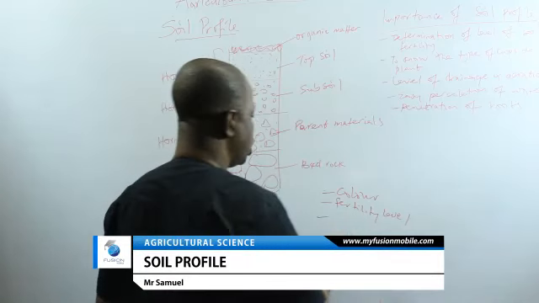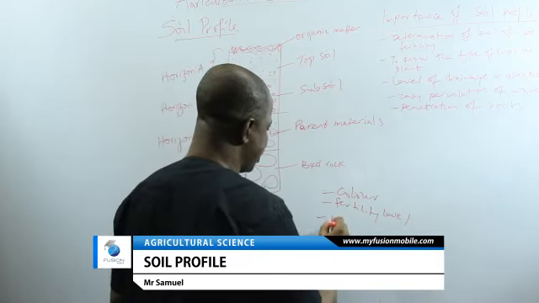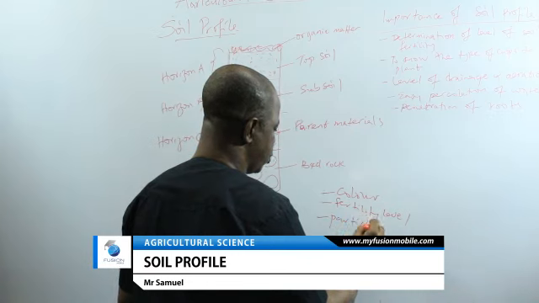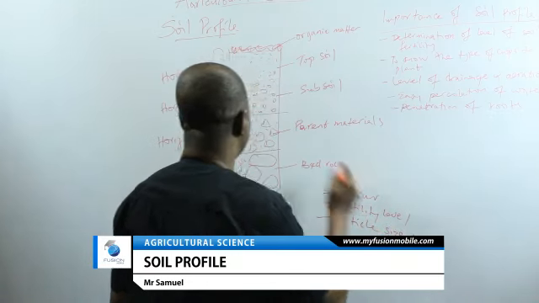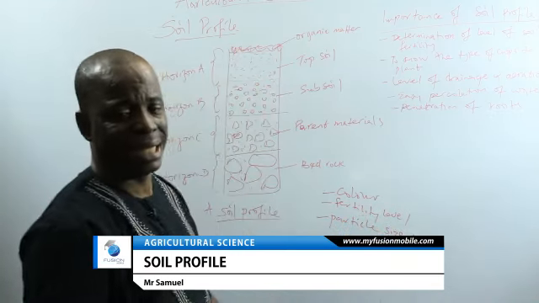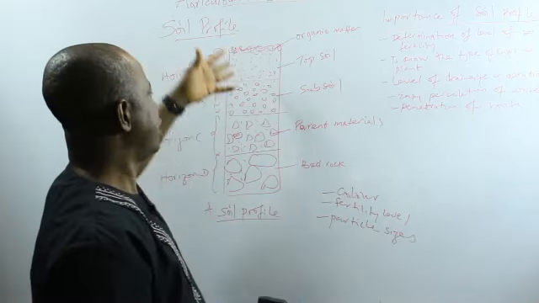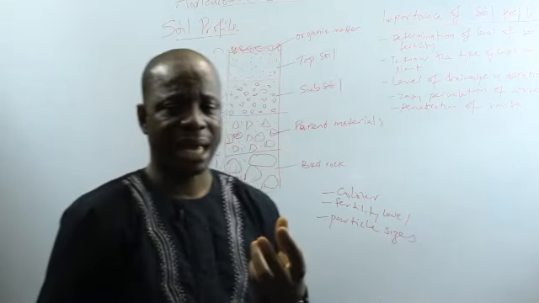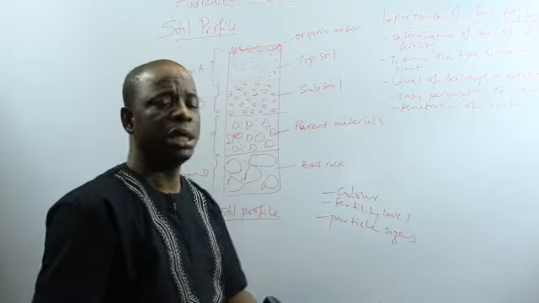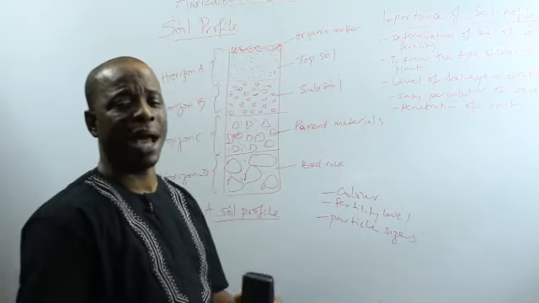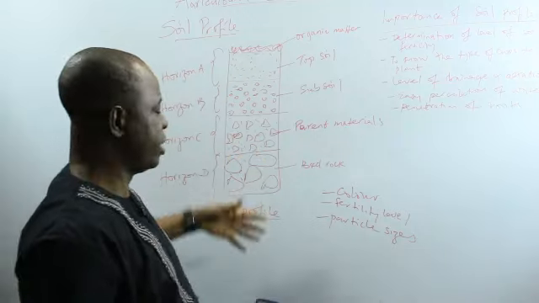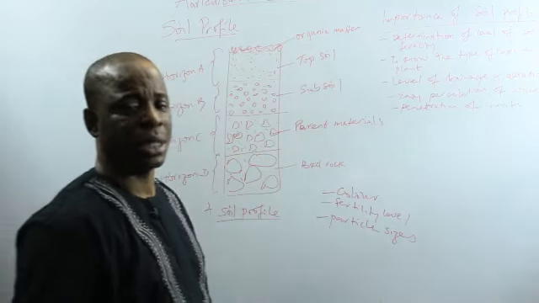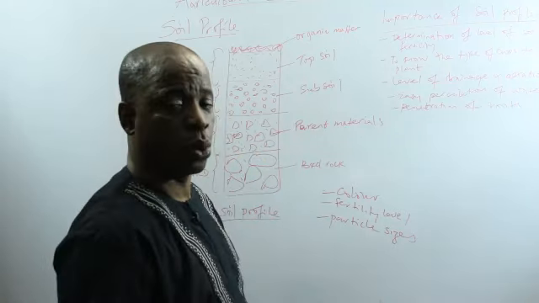The third one is particle sizes. As we move down the horizons, the particle sizes increase. So at horizon A, the particle size is very tiny. But as we move down the horizons, the particle sizes become bigger. Why? Because as you are moving down, you are moving to the rocks that are undisturbed, rocks that are not broken down.